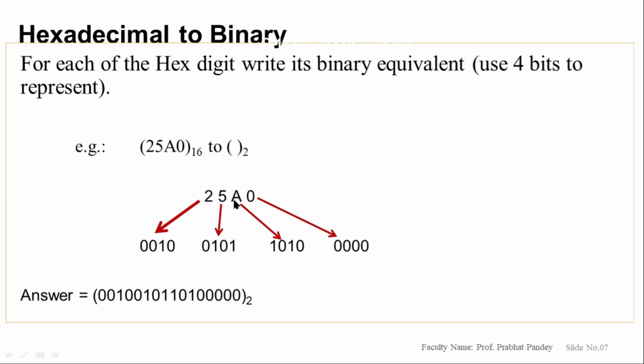We have seen that hexadecimal A is 10, so we need to make 8 and 2 high. Then 5 is equivalent to 0101 and 2 is equivalent to 0010. So when we write this, this is the binary equivalent of this hexadecimal number.